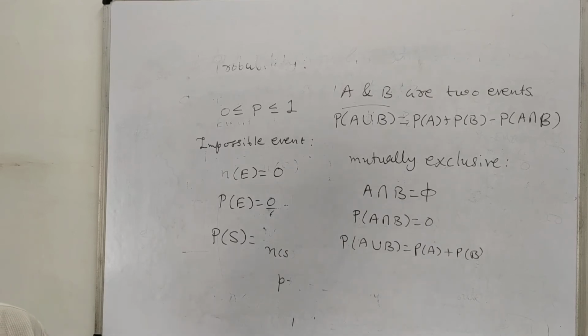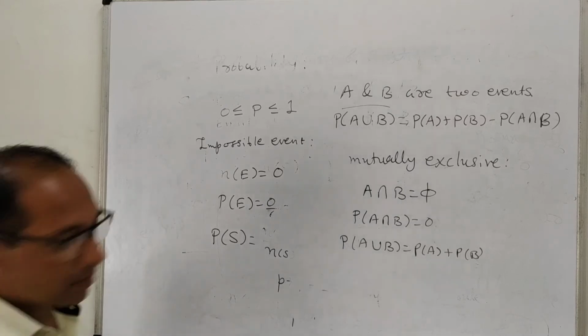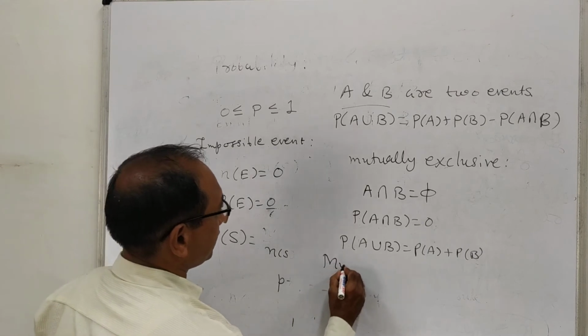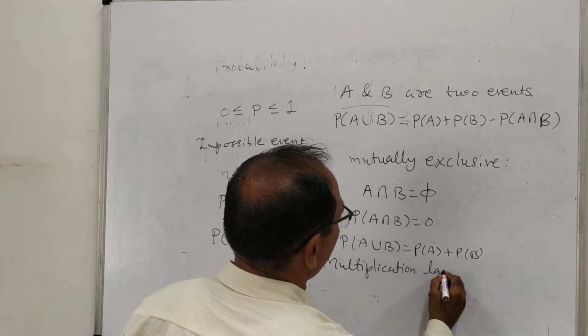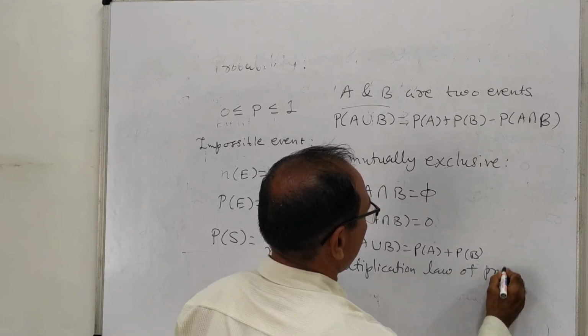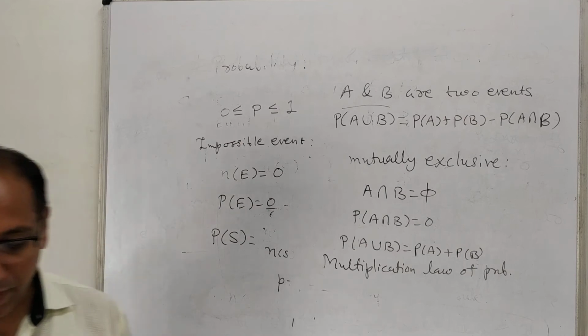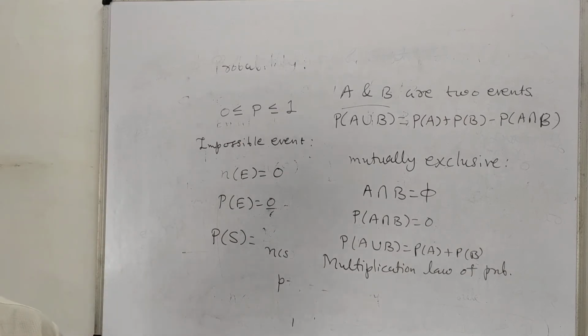So now another type, let us see, multiplication law. Yes, multiplication law of probability. This is also very much important and we will make use of it repeatedly. This law is used to find the probability of the combined events of two or more independent events, and these independent events belong to the same set.